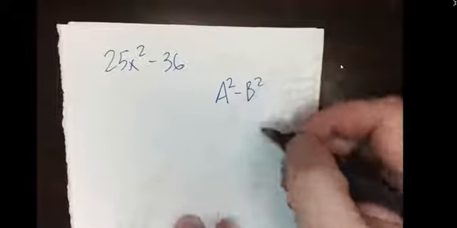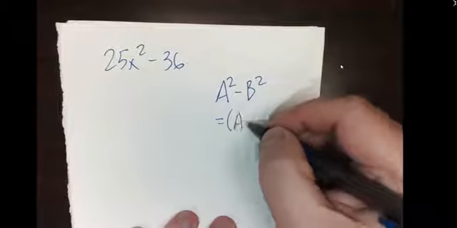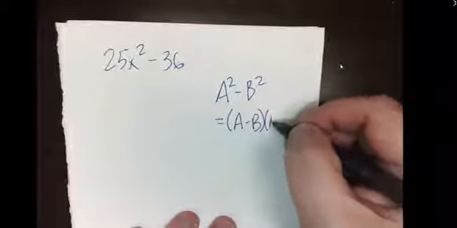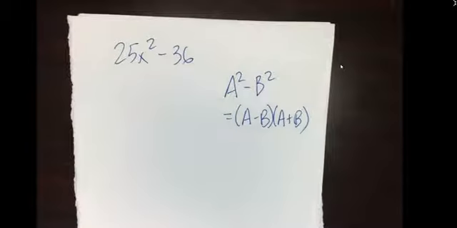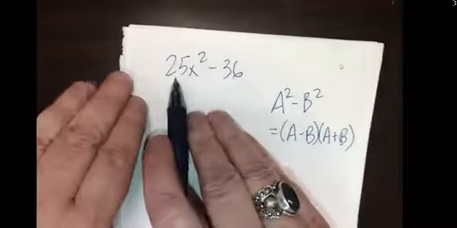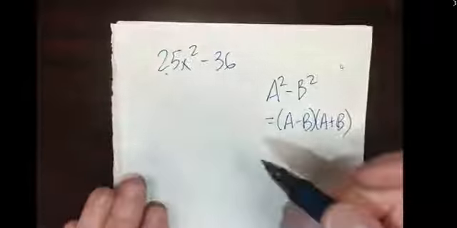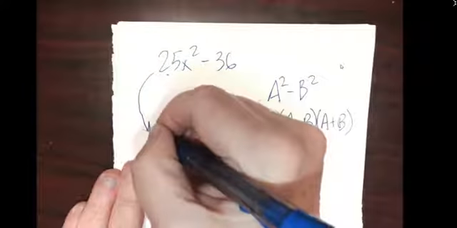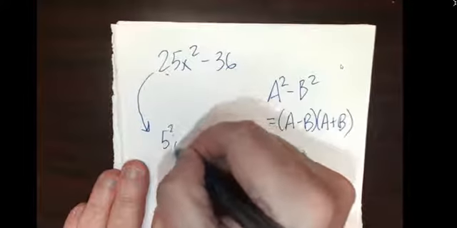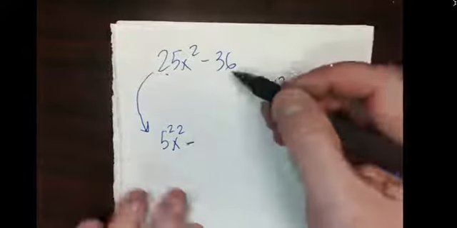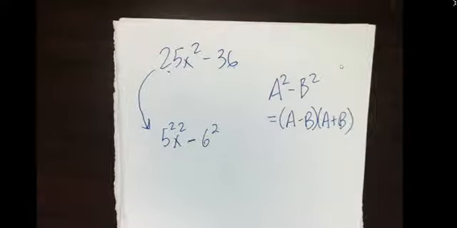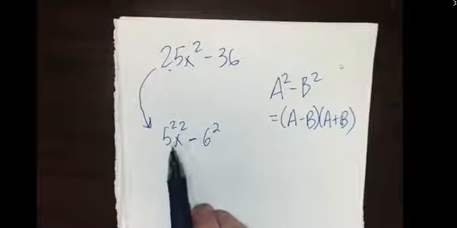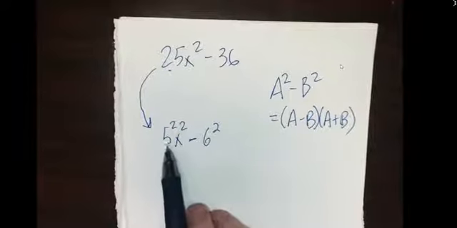If you have that, you can write that like this. Okay. So 25 is a perfect square. It's 5 squared. So let's get this rewritten. And 36 is 6 squared. Not quite there yet. I can put these together.